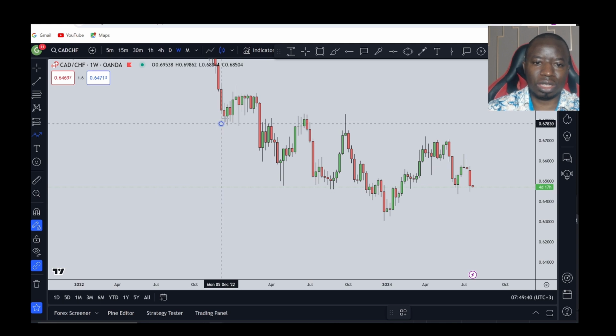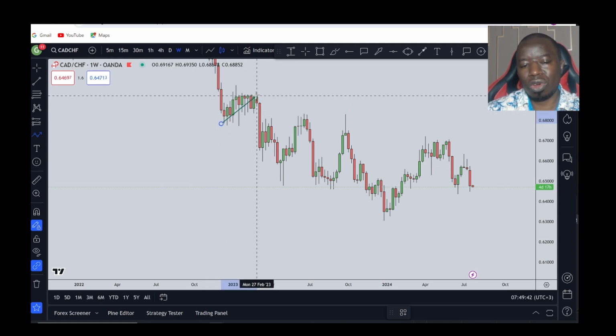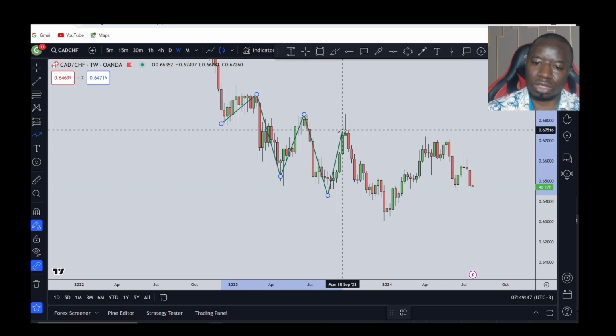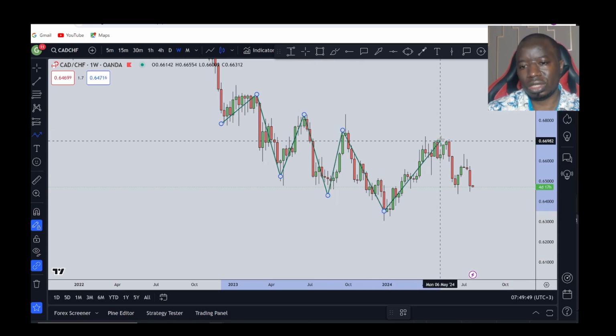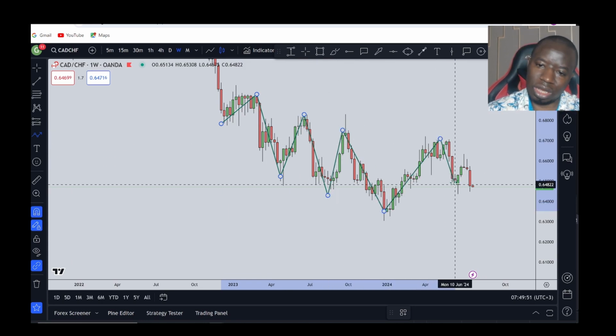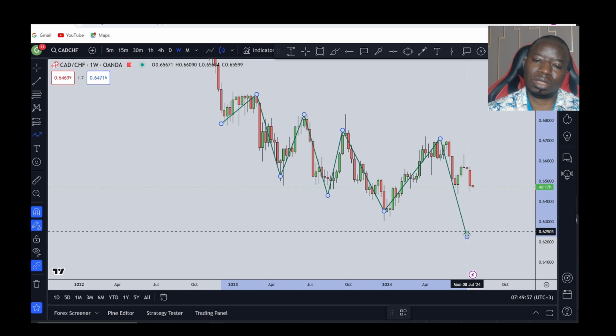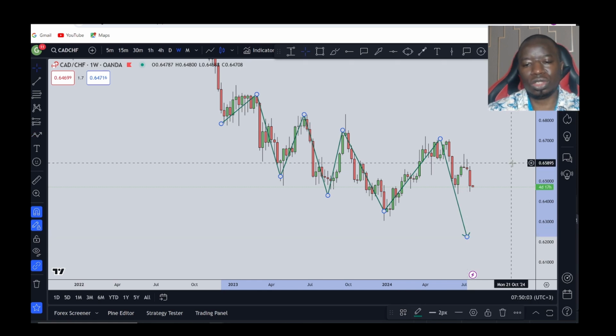So we can see that price has been making a series of lower highs and lower lows. It's a lower high, a new lower low, a lower high, and from what we are seeing on the charts we could anticipate another lower low in the coming weeks. This is not trying to predict price, this is just analyzing.